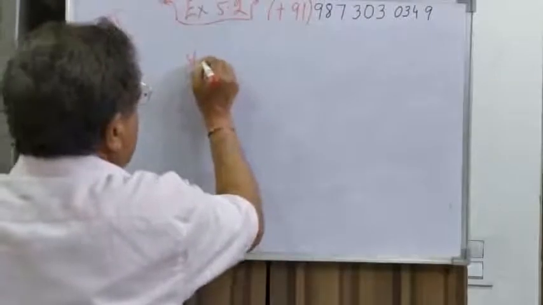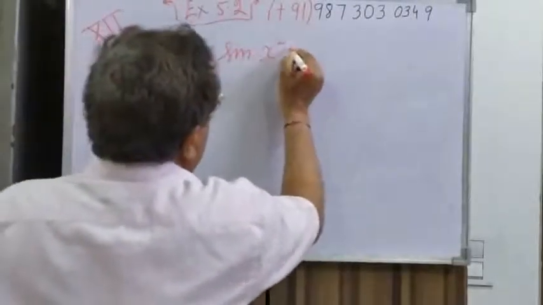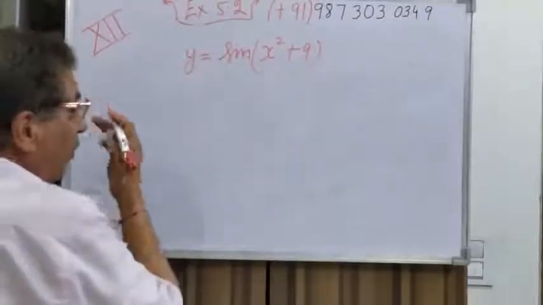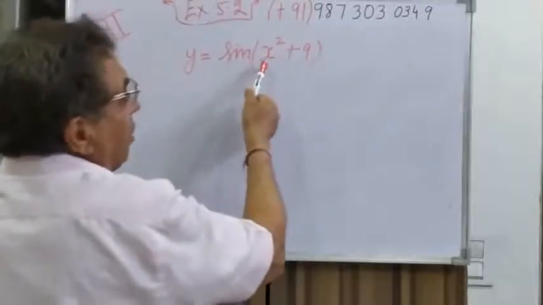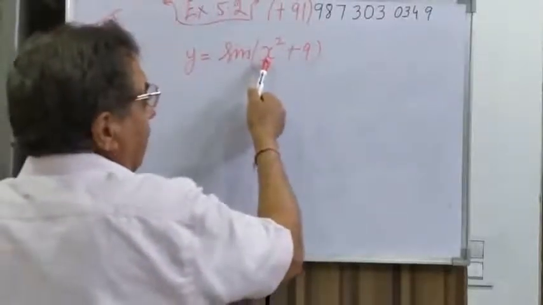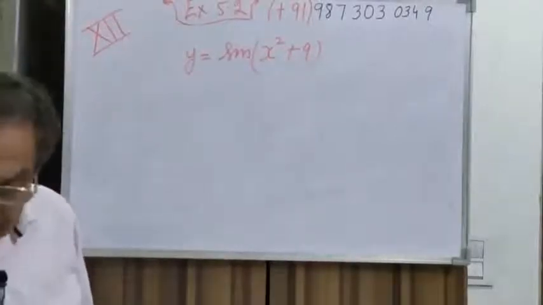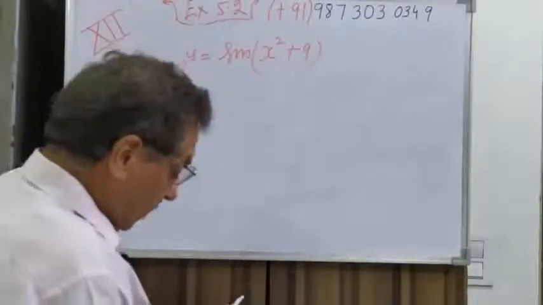Say y is equal to sin of x square plus 9. Why is it called composite? Because instead of sin x, its angle is defined by x square plus 9, which is itself a quadratic.